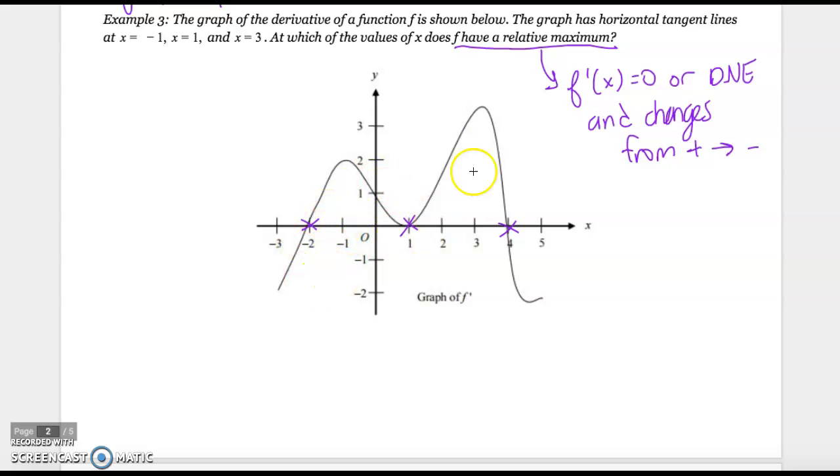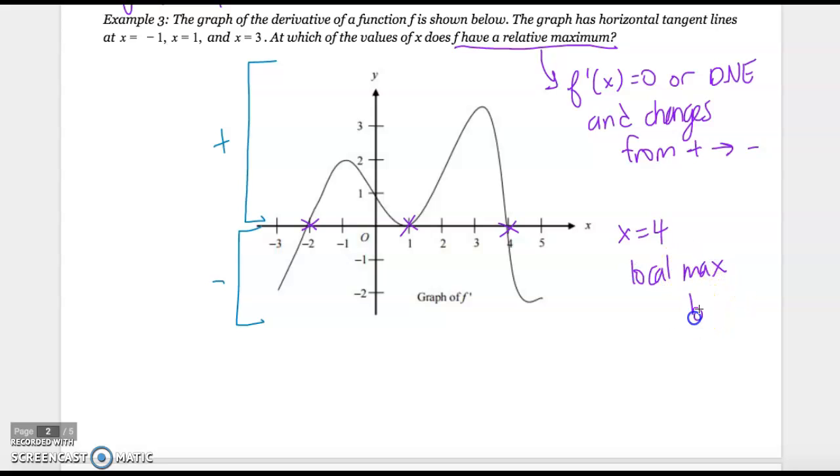And now we just have to see where my derivative, aka this graph, changes from the positive section to the negative section. That happens at 4. My graph changes from positive to negative. So we would say that x equals 4 is a local or relative max.